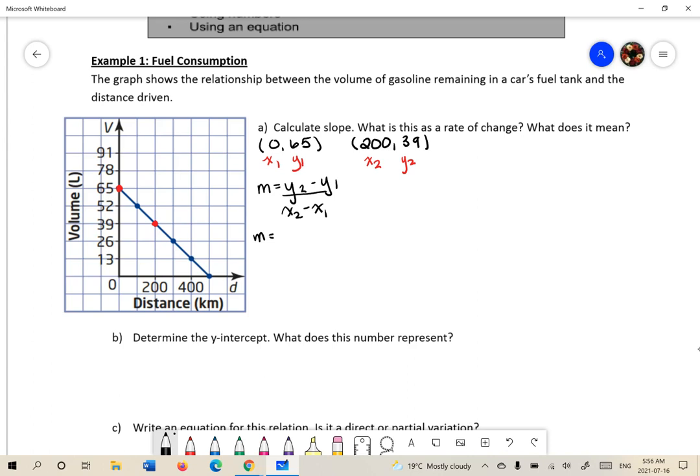Then I will substitute my values, and reduce my fraction to lowest terms. And notice that I did get a negative value in my slope, which is correct because my linear relation is falling to the right.